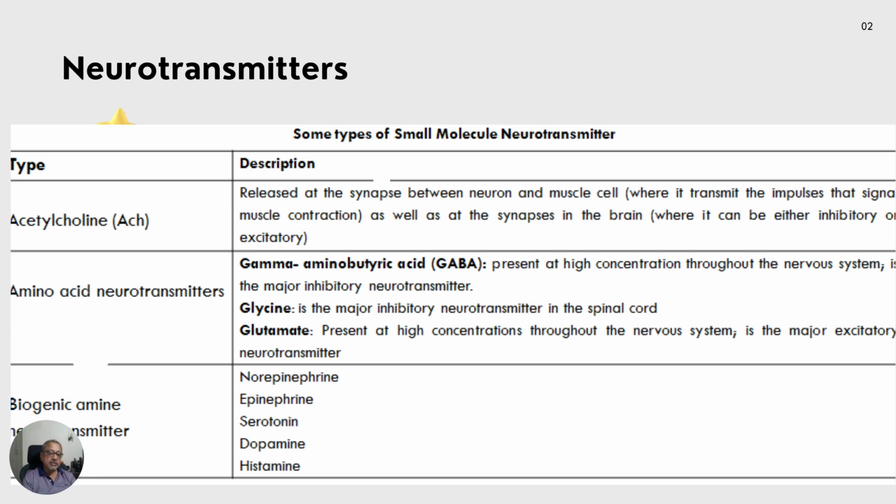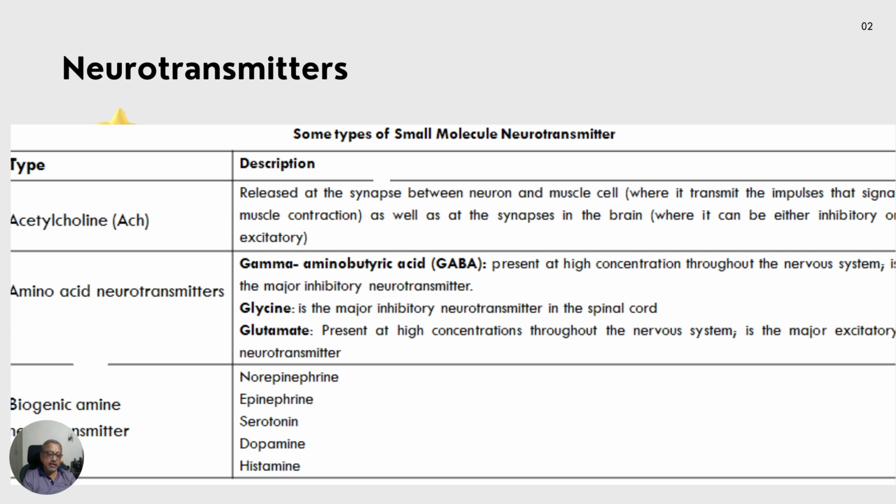The second type of neurotransmitter is the amino acid neurotransmitter. For example, gamma aminobutyric acid, which is also called GABA. GABA is present at high concentration throughout the nervous system and is a major inhibitory neurotransmitter.